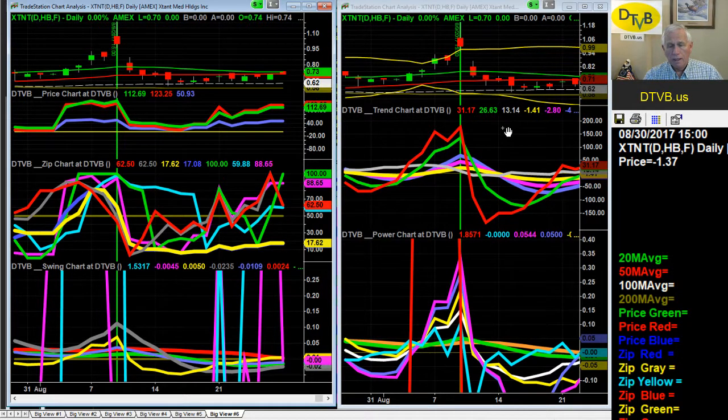And so we created 3 short-term trend line groups: the trend group, the power group, and the swing group, 7 lines total, and those 7 represent the short-term movement within the stock. And this is the trend that traders want to know about.